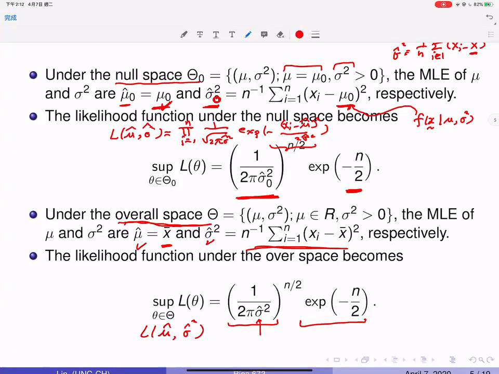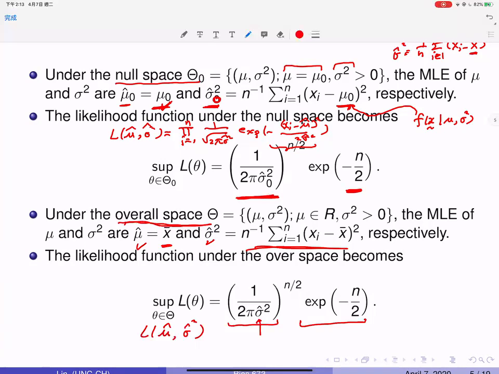It's okay. So again, everything is a standard drill, right? As long as you know what your null space is, and as long as you know what the overall space is, then on the null space you find the MLE, and on the overall space you find the MLE. Okay, that's what LRT means.